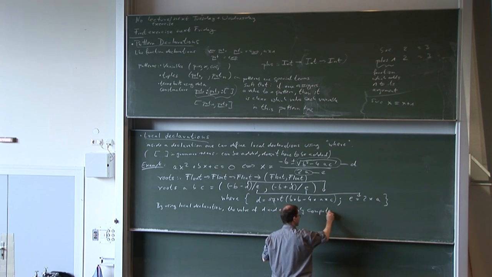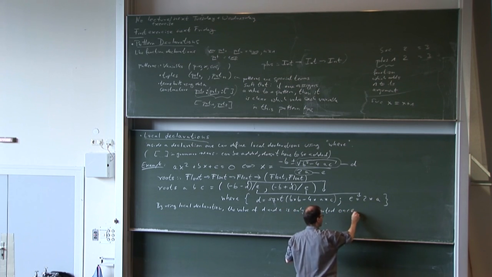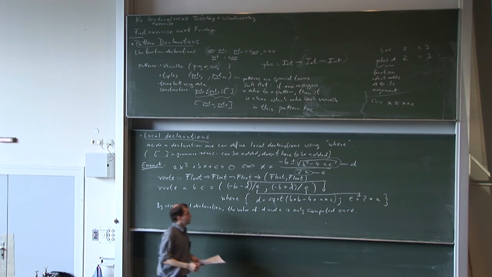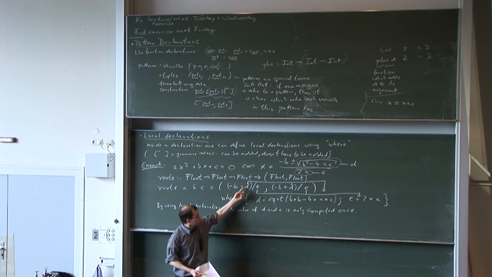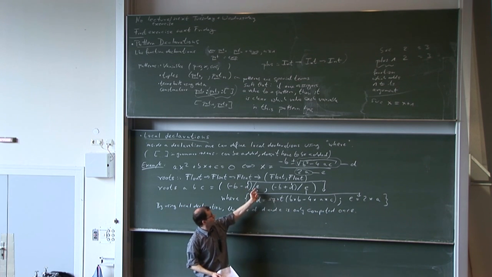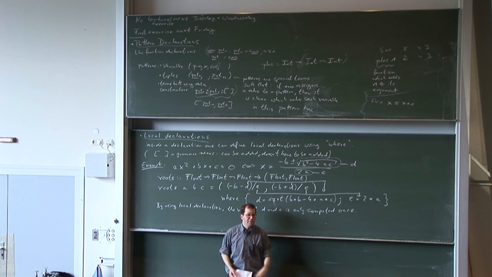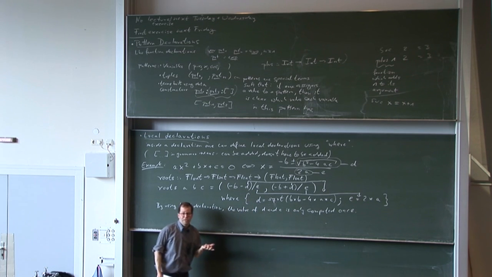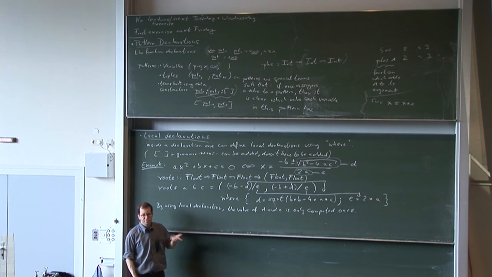And if we wouldn't do this, if we would replace these two occurrences of D by this term, and these two occurrences of E by the term 2 times A, then in order to compute the whole result, all these terms have to be evaluated twice.